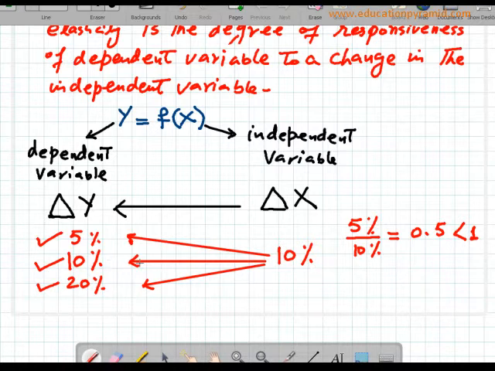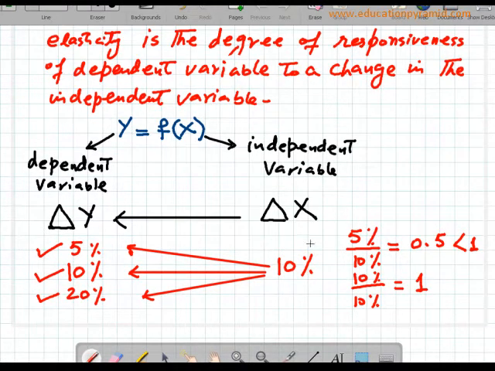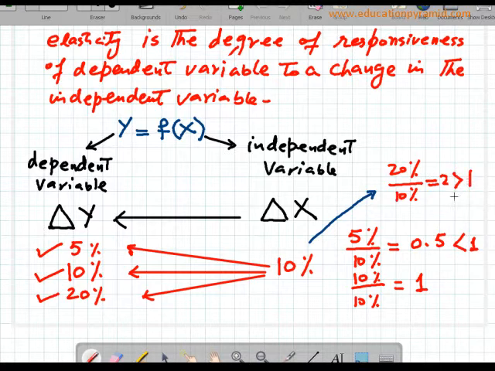If we take the second case, which is 10% change in y variable divided by 10% change in x variable, this is equal to 1. And in the third case, we have 20% change in y variable and 10% change in x variable, and the answer is 2, and 2 is greater than 1.